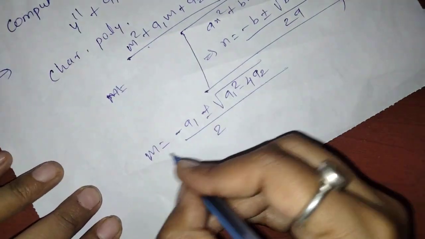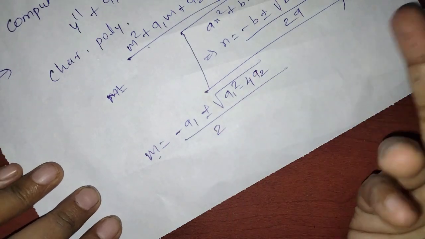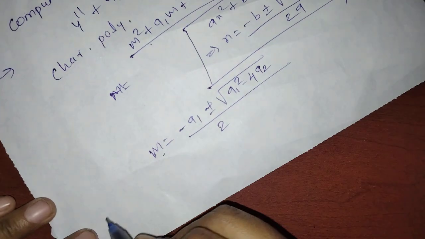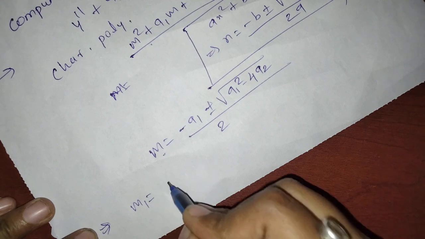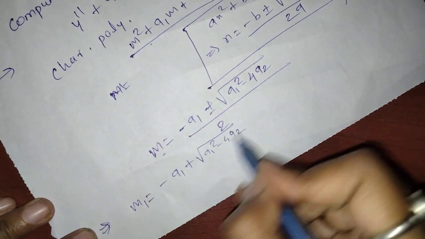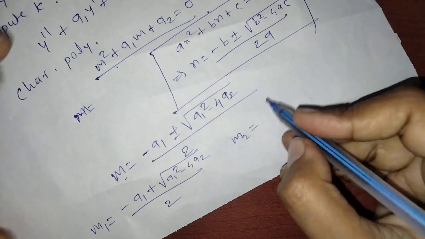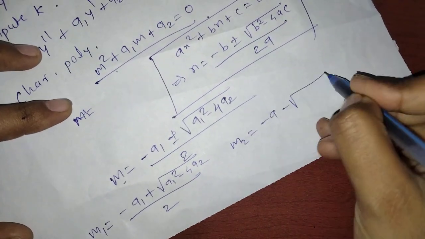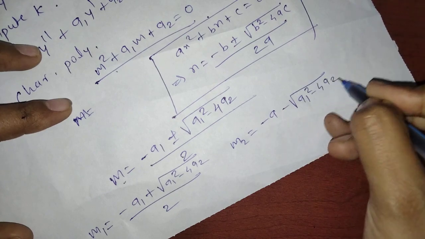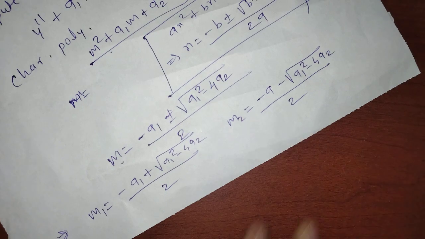Okay. So here m is equal to minus a1 plus minus under root a1 square minus 4a2 upon 2, which implies m1 is equal to minus a1 plus under root a1 square minus 4a2 upon 2, and m2 is equal to minus a1 minus under root a1 square minus 4a2 upon 2. And you can see that these two roots are distinct.